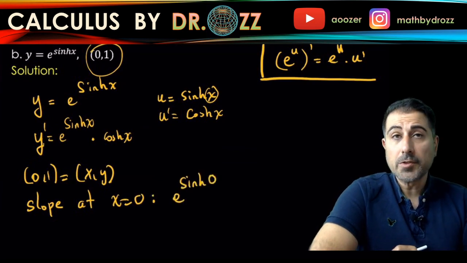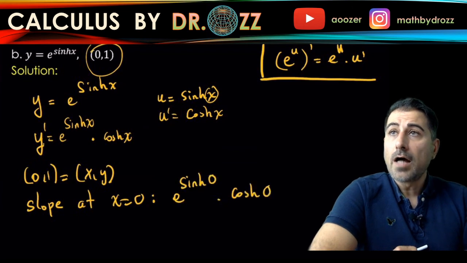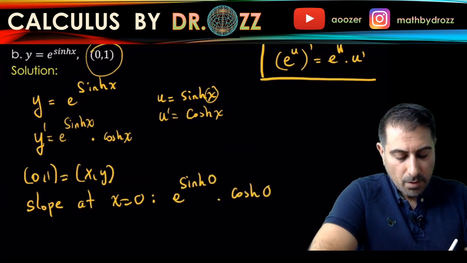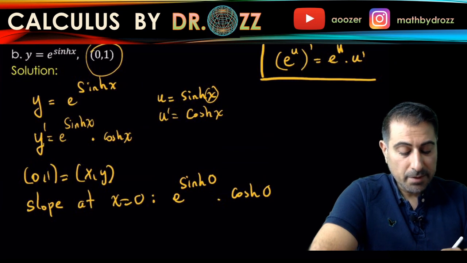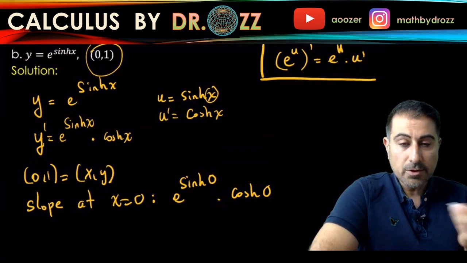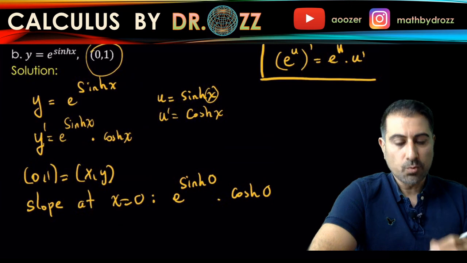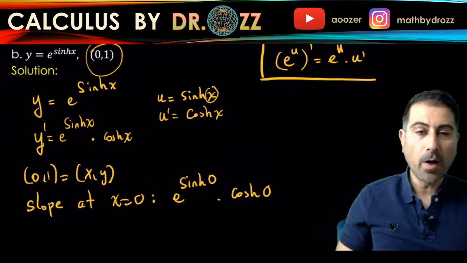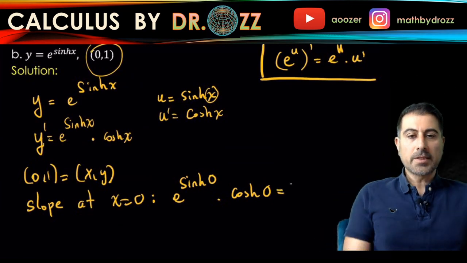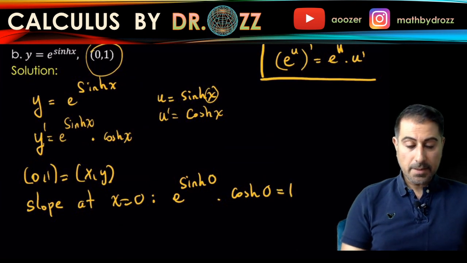Go ahead and use your calculator to check this. Sine hyperbolic 0 is 0, e to the 0 is 1, and cosine hyperbolic 0 is 1. So you should probably get 1 in the output of your calculator once you punch everything in.